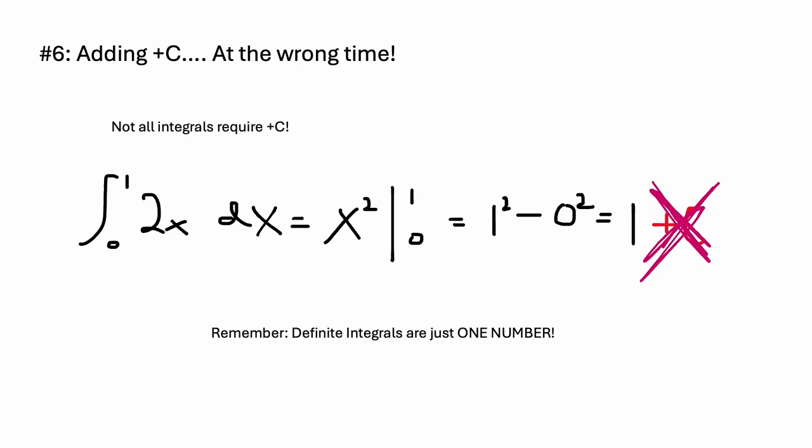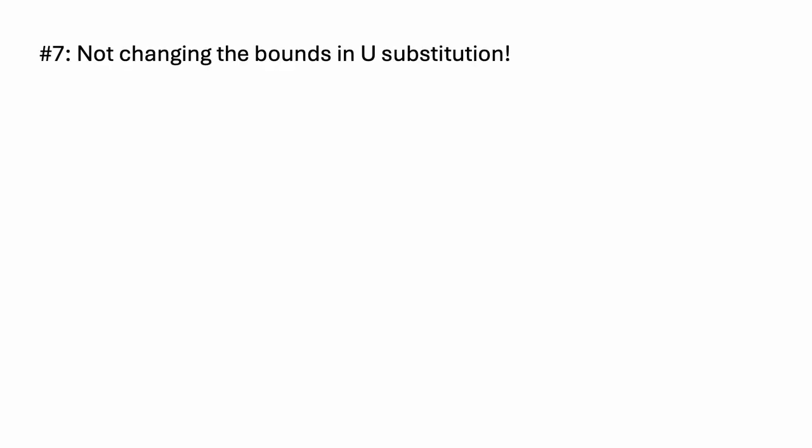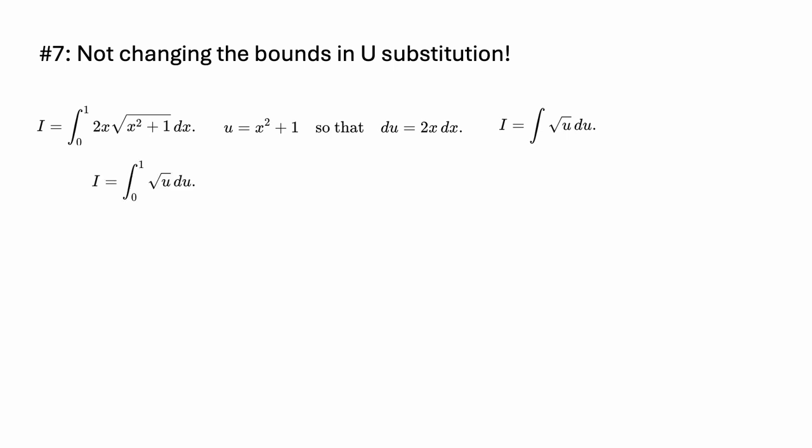And mistake number 7 is not changing the bounds in u substitution. Here I'll provide an example. Say you want to evaluate this integral and you substitute u equals x squared plus 1, and therefore you write the integral as this, and therefore your integral turns into this bad boy over here.